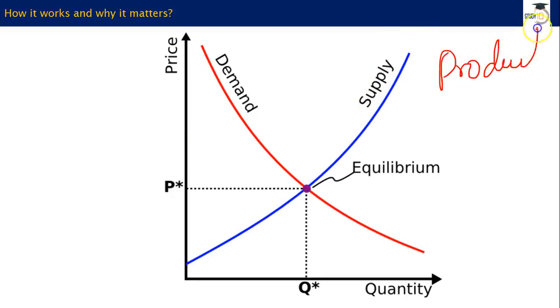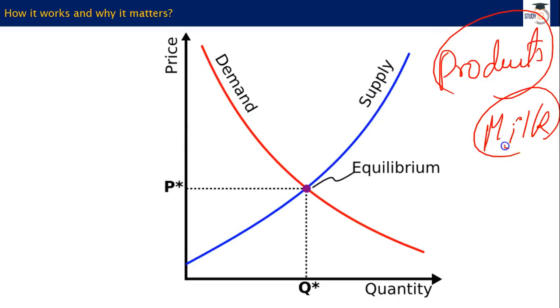Say for example food items, say milk. Of course things can go up and down, but just for an example, let's imagine that you can produce only 10 liters of milk throughout the country, and you have a population of 100 in the country, so the supply is limited.